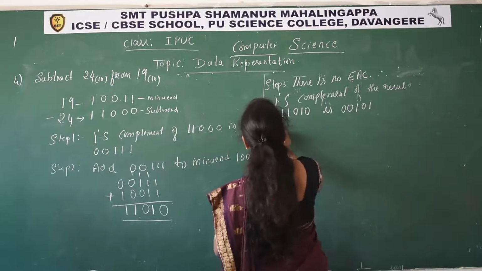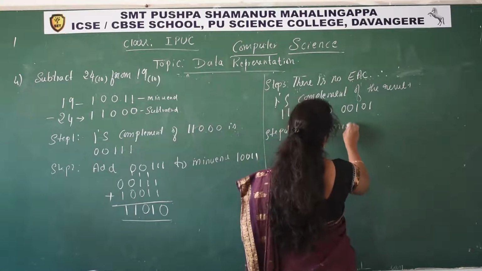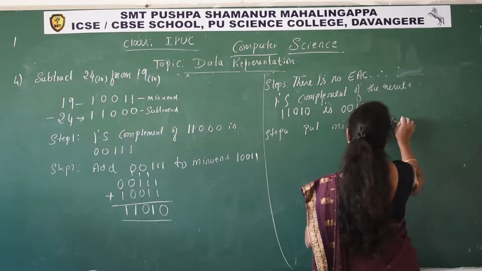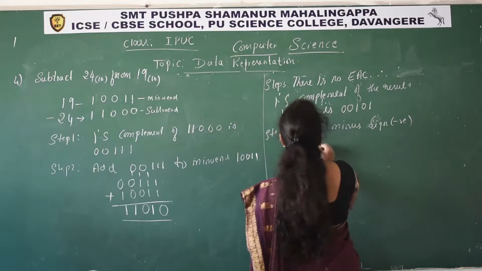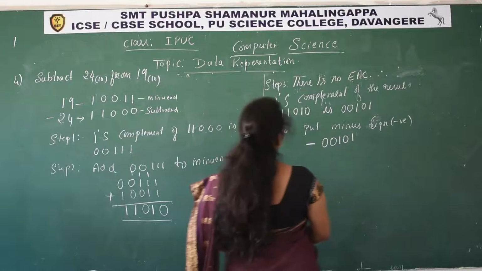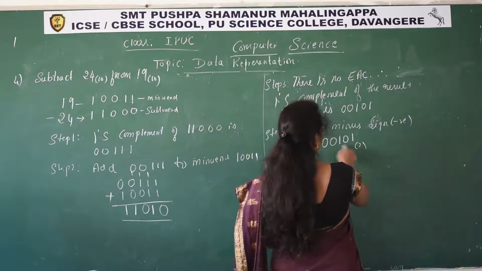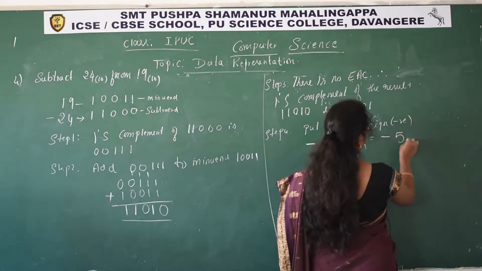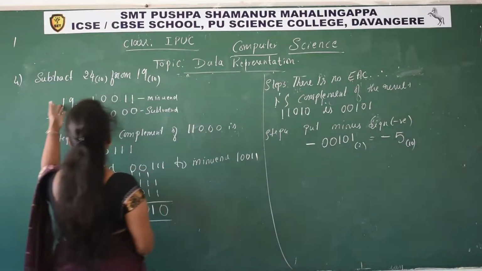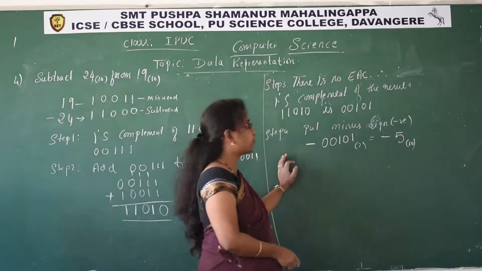And step 4, put a minus sign. Minus 00101. So what is the decimal equivalent of this number? 5, no? Minus 5 base 10. 19 minus 24, minus 5. We got the same.